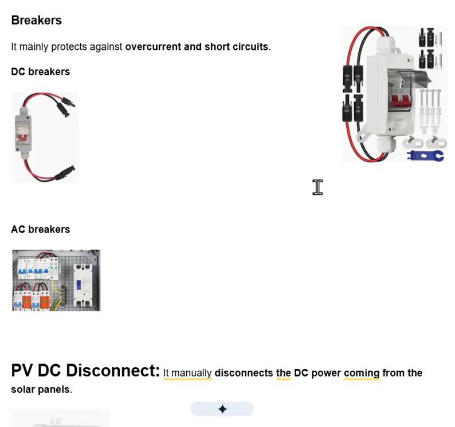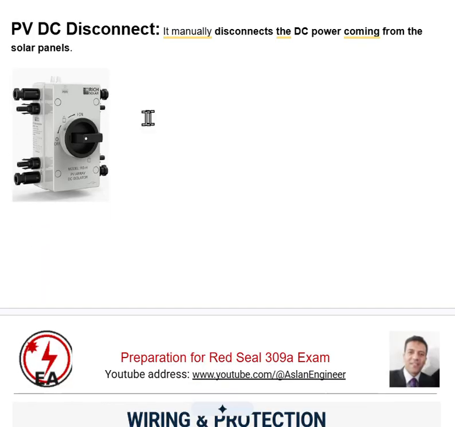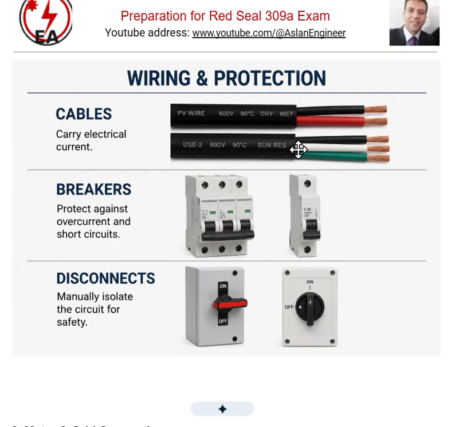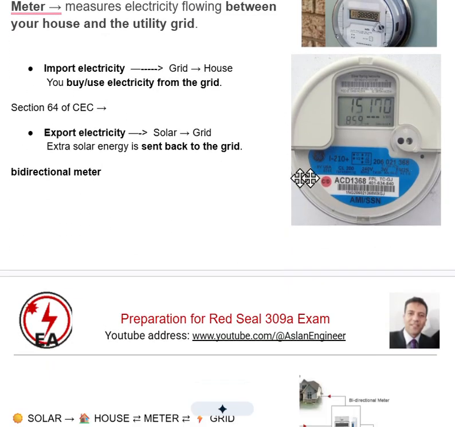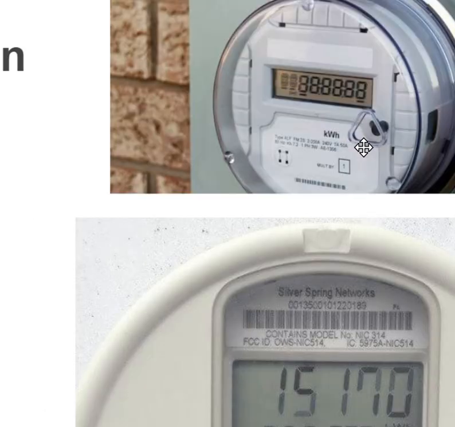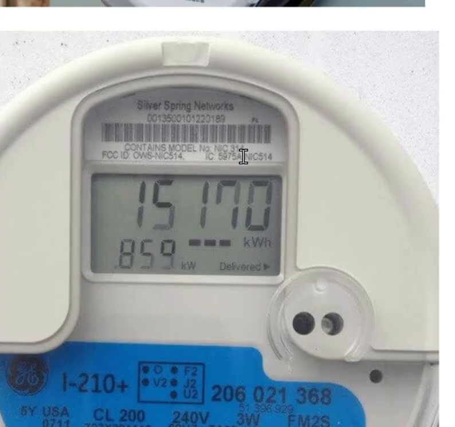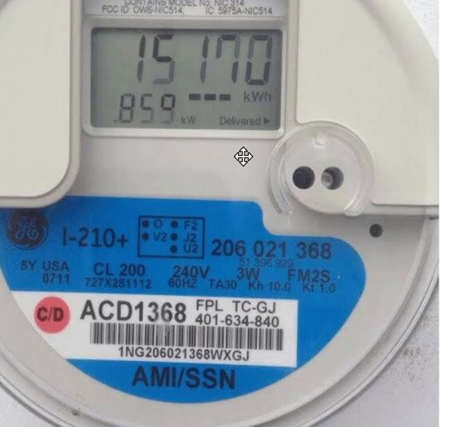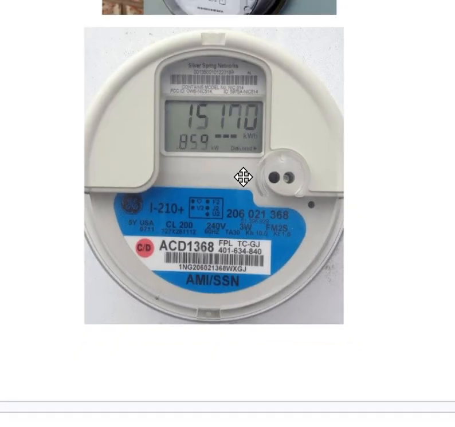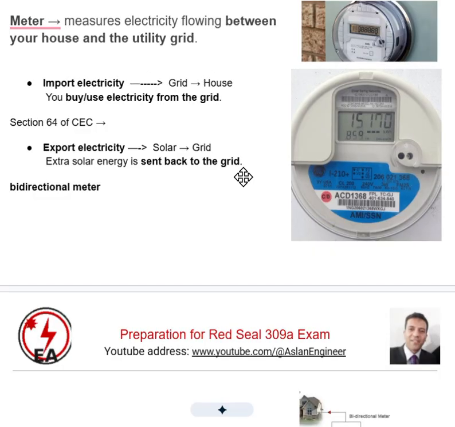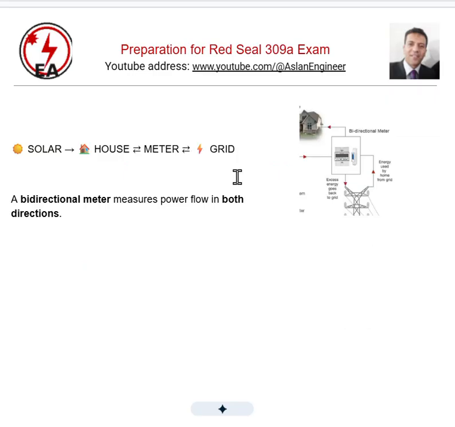Also here I want to talk about the circuit breakers, both DC and AC, and disconnecting means for when we want to do maintenance on our solar panel. And the cables. This is the conventional meter, but this one is the bidirectional meter. You can install this one and sell your extra power to the grid.